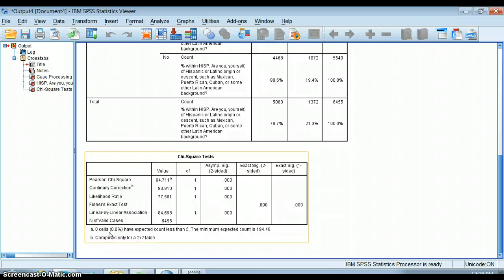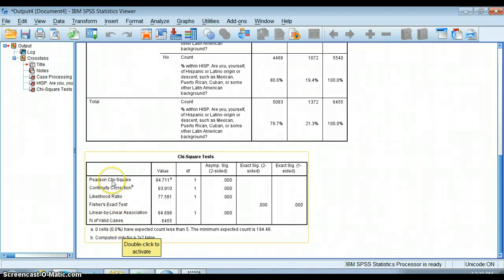What happens sometimes when we have a really large crosstab, with lots and lots of attributes for both of our variables, is that too many of our cells have an expected count of less than 5. So if this percent here is 20%, I should stop, and I need to redo my crosstabs so that it has fewer attributes. I need to do some recoding because I cannot use this chi-square. It does not matter what the chi-square is, I cannot use it. So this is the first thing we look at.